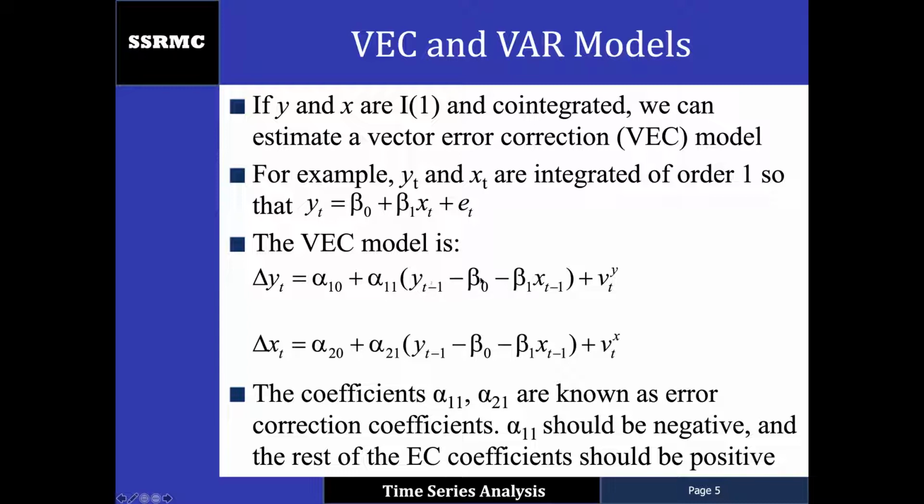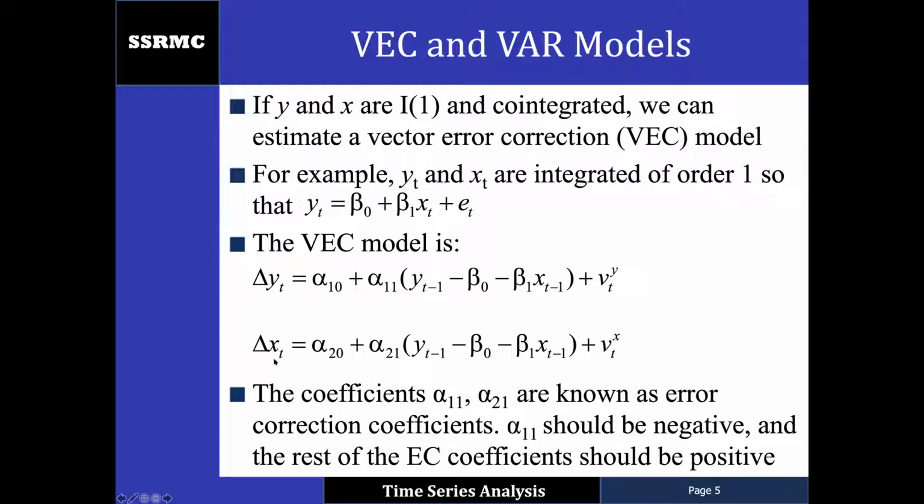So that's the difference between yt and yt hat if you have beta0, beta1 estimated. So when you have delta xt as the dependent variable, the error correction term actually is swapped. So this is why the sign of those alphas should be opposite between the first one and the rest of the equations.